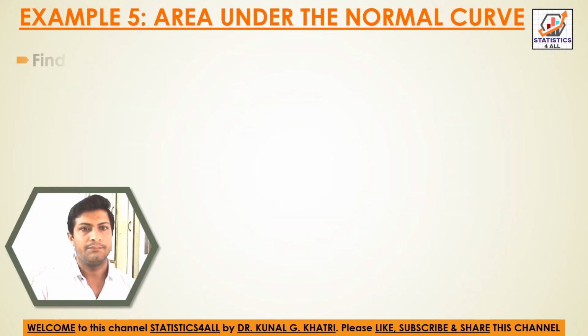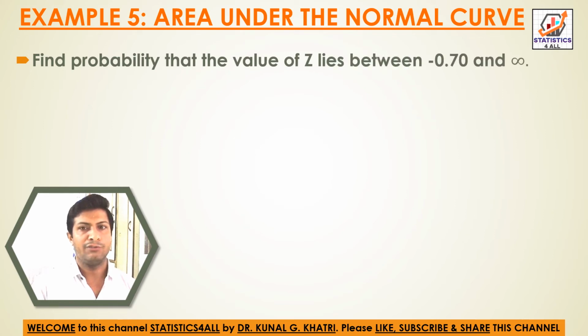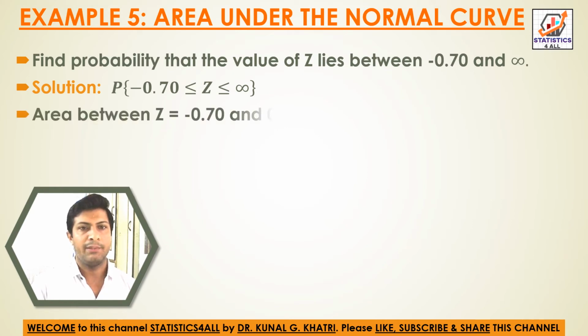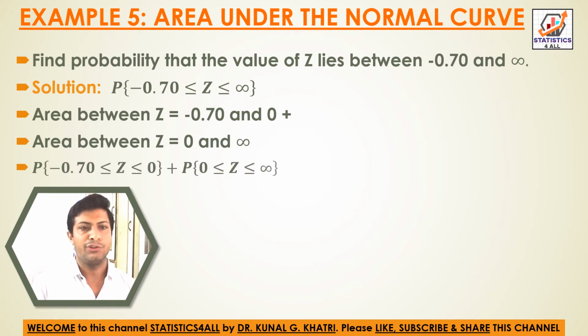Next example, find the probability that the value of z lies between minus 0.70 and infinity. So solution here, P(-0.70 ≤ z ≤ infinity). So here the area between z equal to minus 0.70 and 0, plus the area between z equal to 0 and infinity. So P(-0.70 ≤ z ≤ 0) plus P(0 ≤ z ≤ infinity).